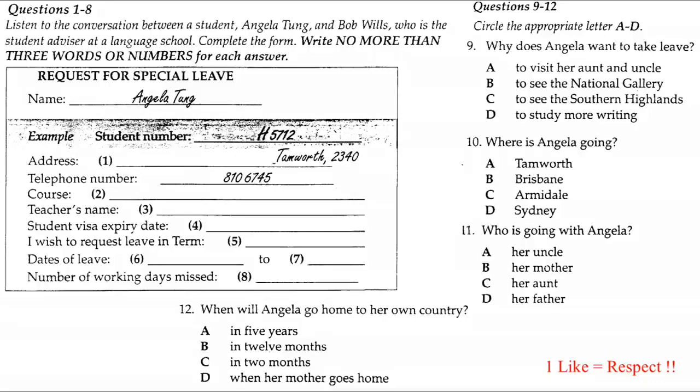Tell me your student number, please. It's H for Harry, 5712. H5712. OK. What's your address, Angela?